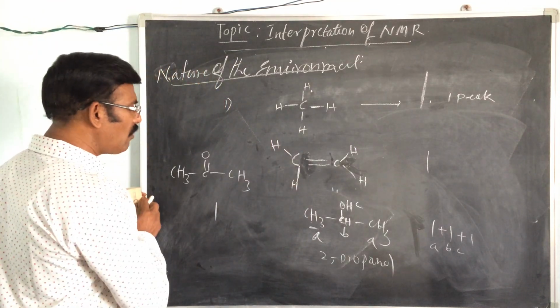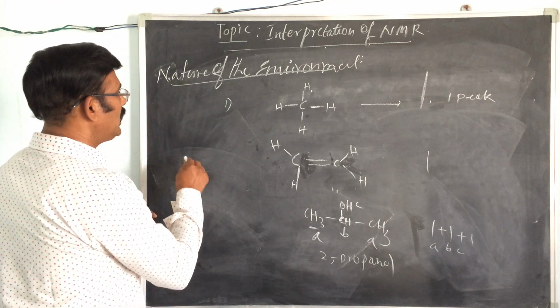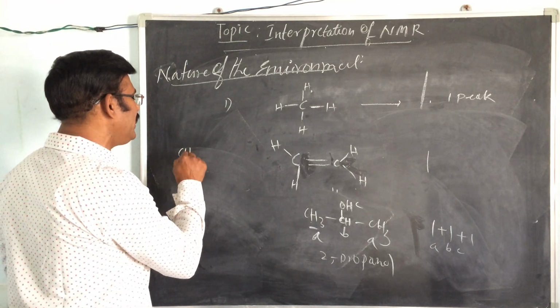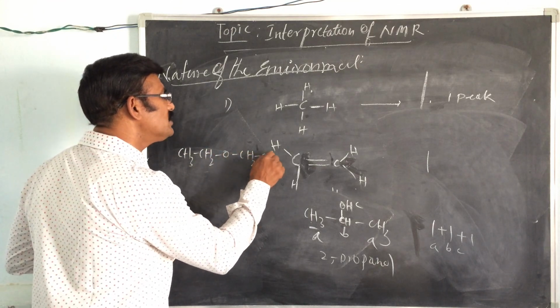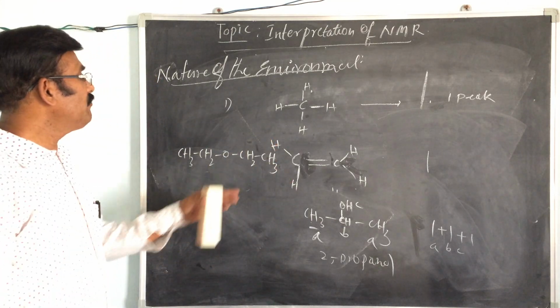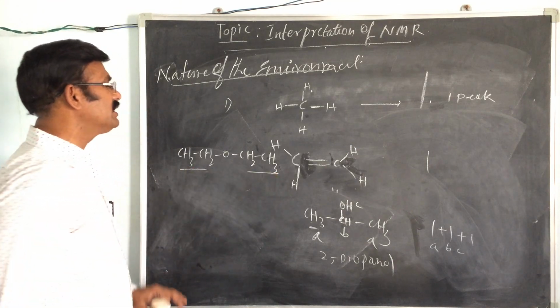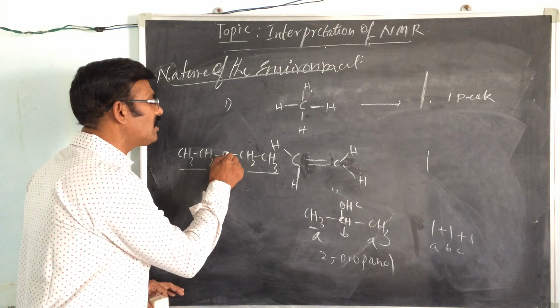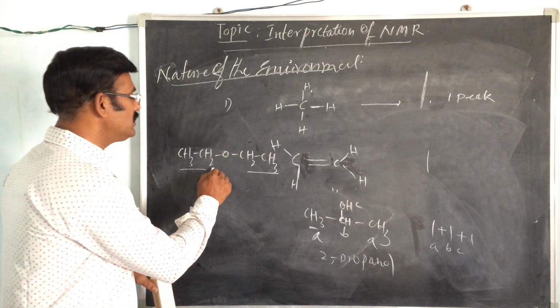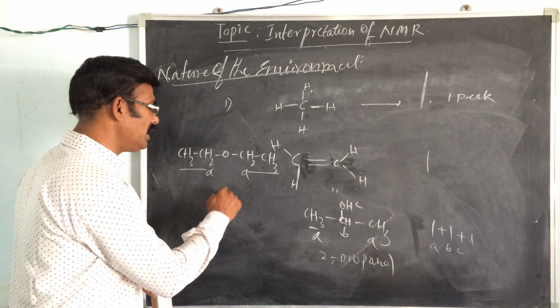Now, one more example. CH3, CH2O, CH2, CH3. If this compound is there, what is the environment? CH2 attached with the oxygen atom shows one peak, meaning one environment.